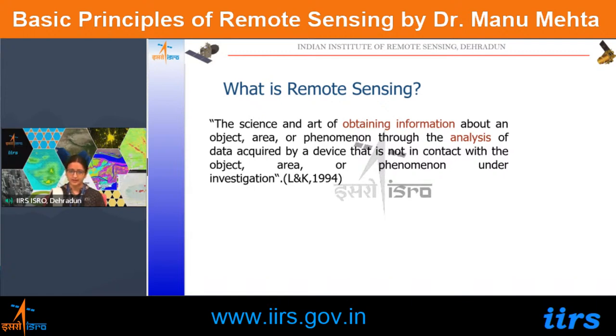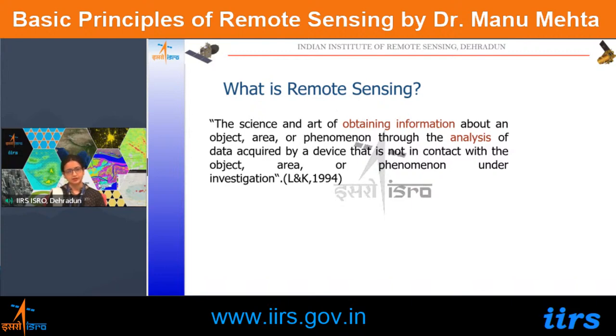Now, it is both science as well as an art. In fact, it started as an art because it depends on the skill of the interpreter, how well the interpreter interprets the information taken through remote sensing.